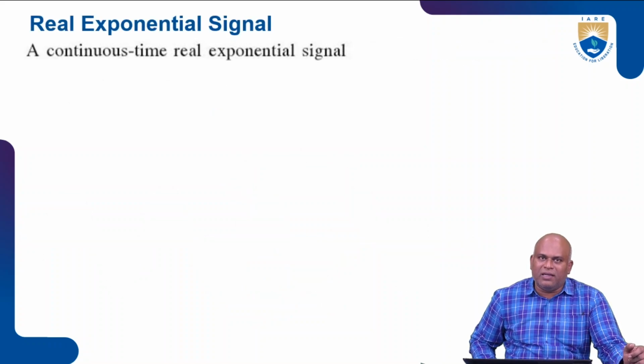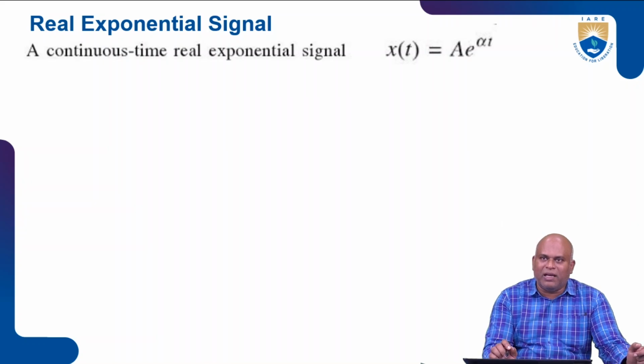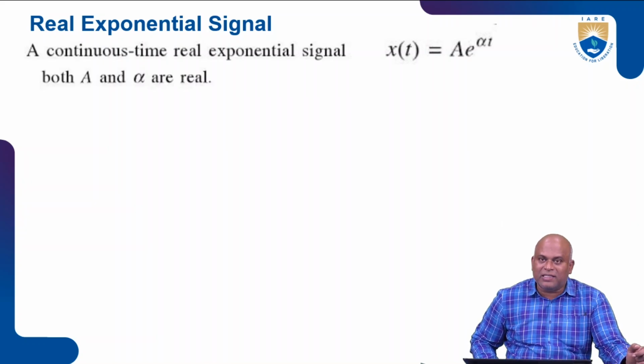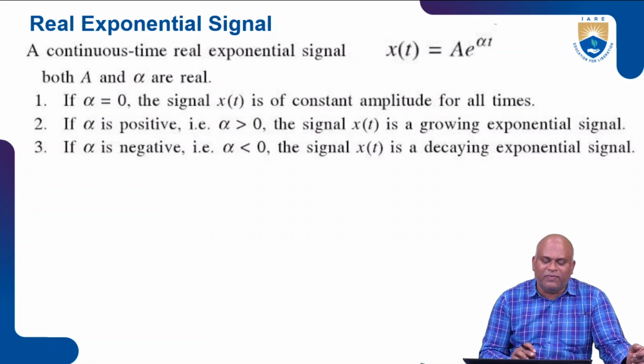Next, the real exponential signal. A continuous time real exponential signal is represented by the mathematical model x of t equal to A e power alpha t. A is a real constant, and alpha also is a real constant. How the signal varies depends on alpha only.